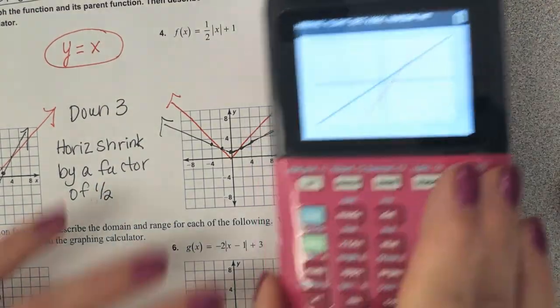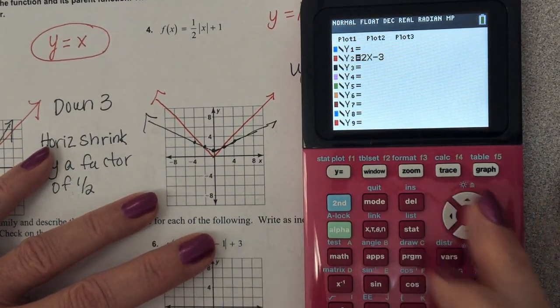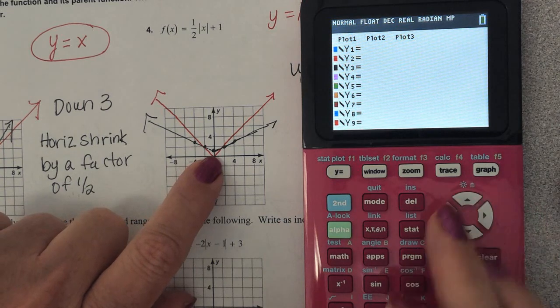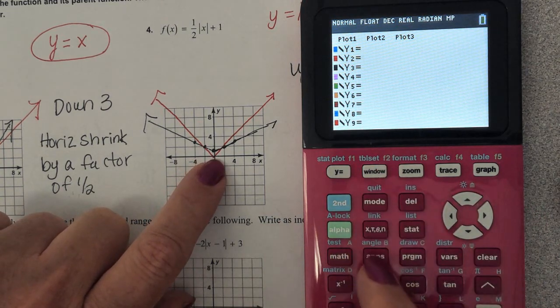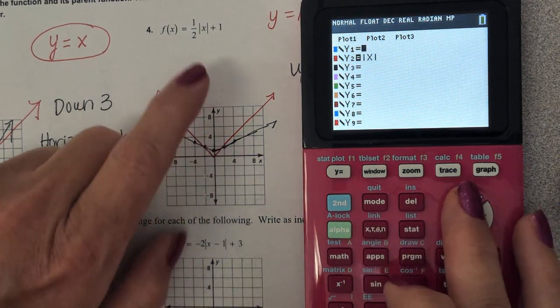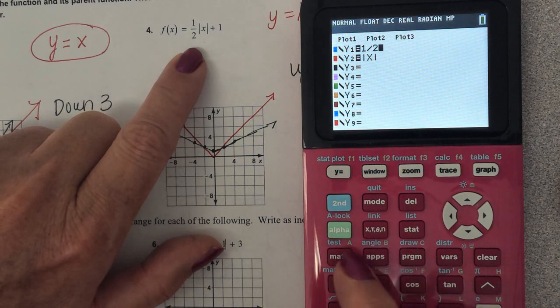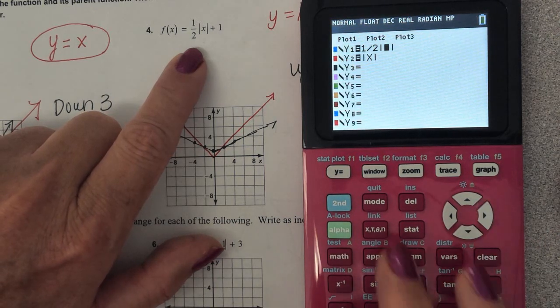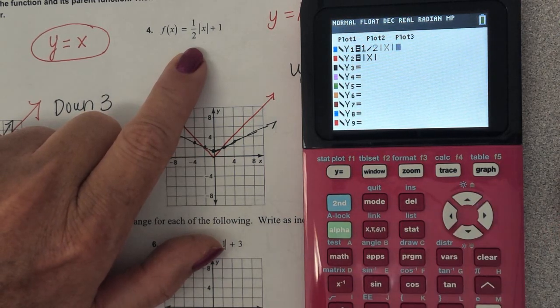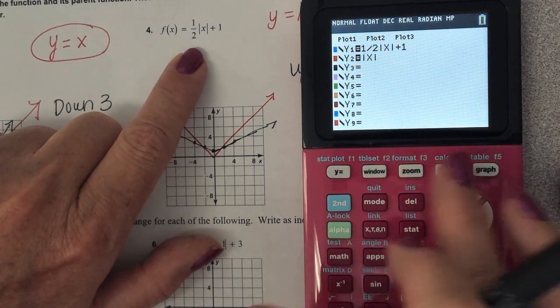Let's look at it on the calculator. I'm going to do it the other way now so the red matches mine. Okay, so the red one I had, that was our parent function, the absolute value of x. And my other one, the one I was given, is 1/2 the absolute value of x, plus 1. The plus 1's on the outside. And we'll just go ahead and do a zoom 6.